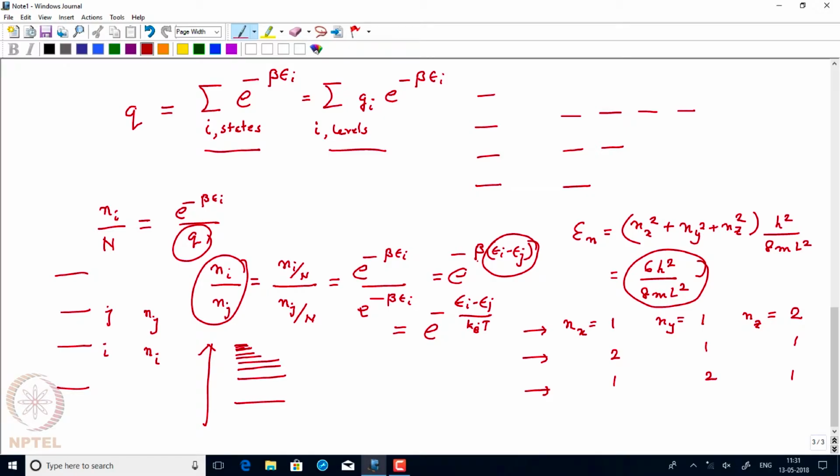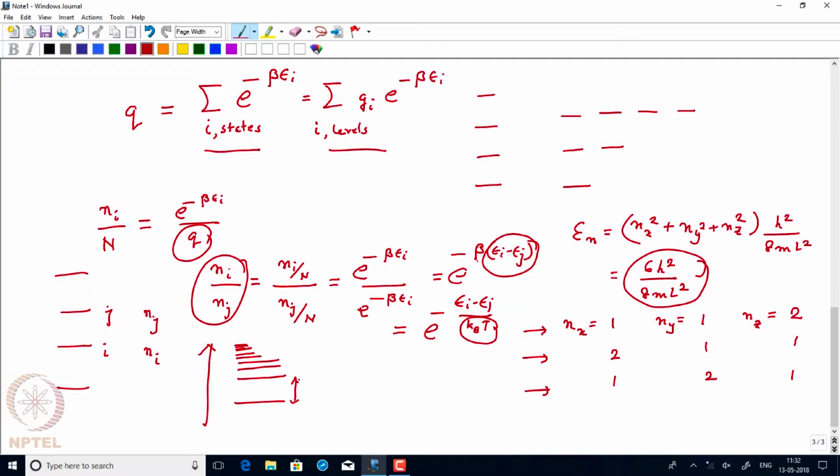Now let's say at 300 Kelvin, you can actually calculate for a particle in a box model what this energy gap is with respect to the thermal energy, which is kBT, and you will find that the energy gap is extremely small.